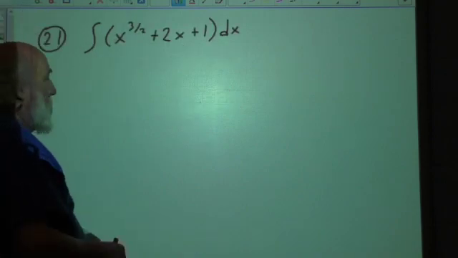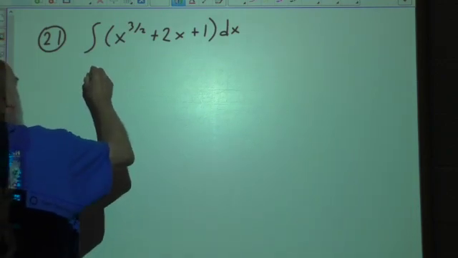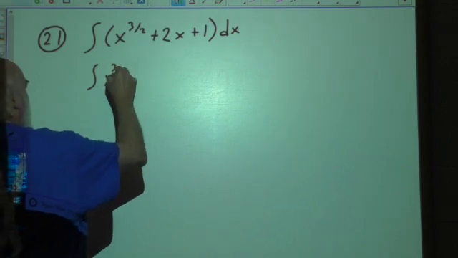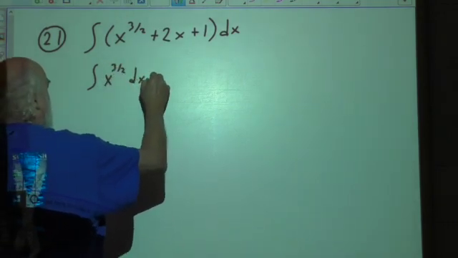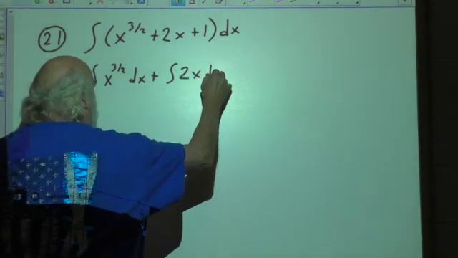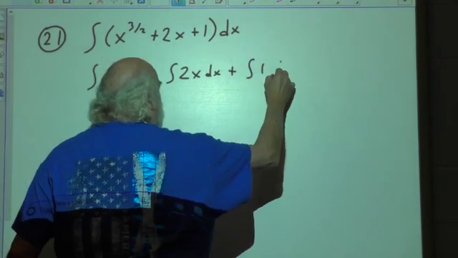Number 21, do the same thing, separate it out. So this becomes the integration of x to the 3 halves dx plus the integration of 2x dx plus the integration of 1 dx.